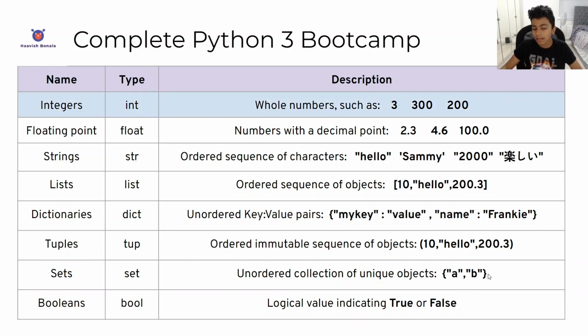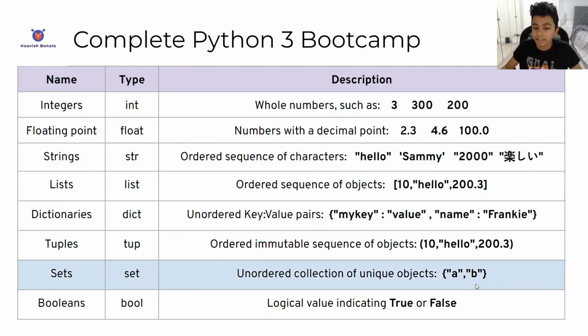How you write it is with curly braces, just like for dictionaries, but you don't have the key and value, you just have an object, comma, an object, etc.